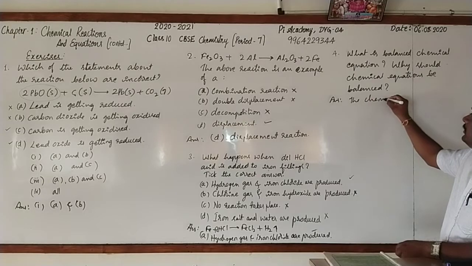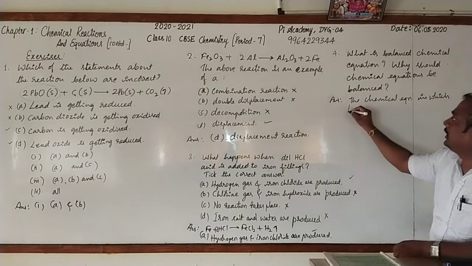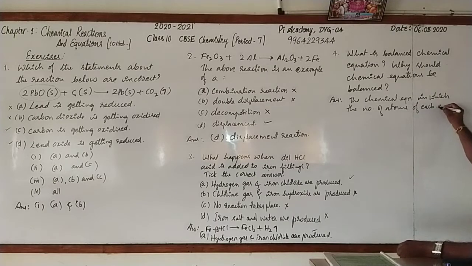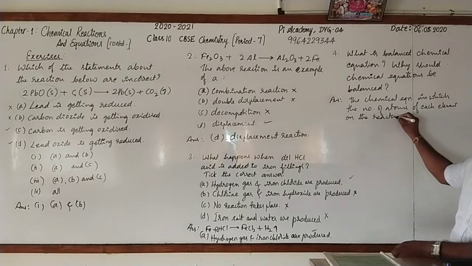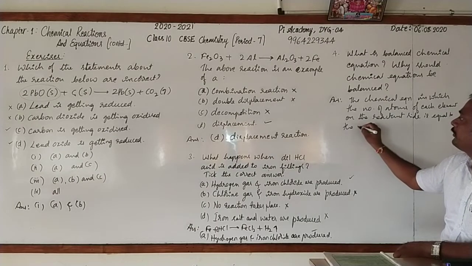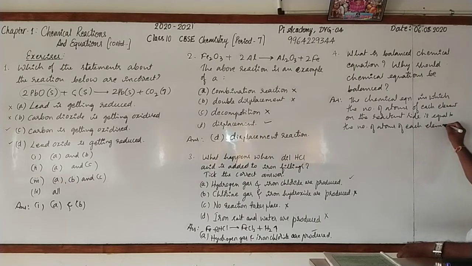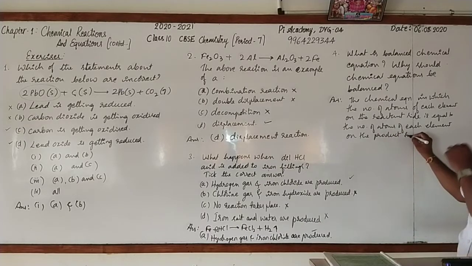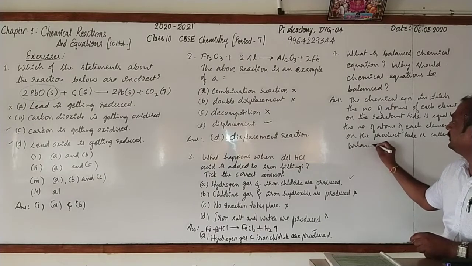The chemical equation in which the number of atoms of each element on the reactant side is equal to the number of atoms of each element on the product side is called a balanced chemical equation.